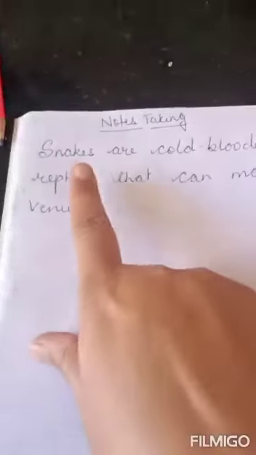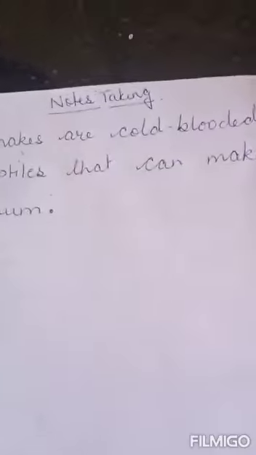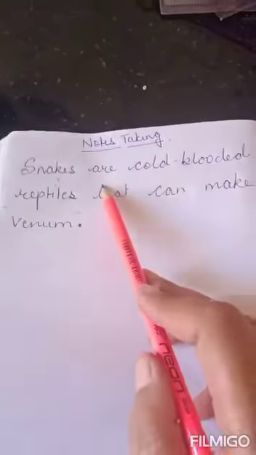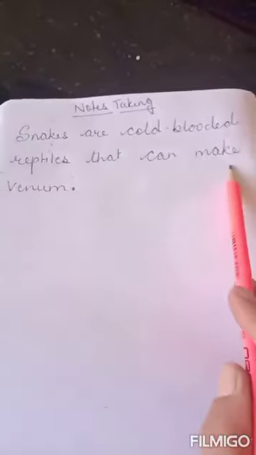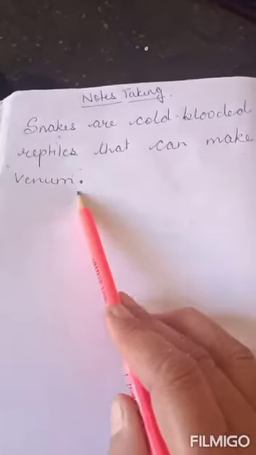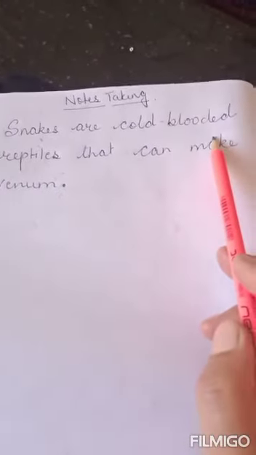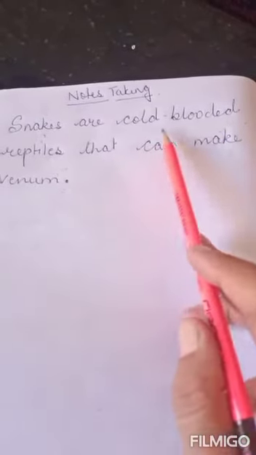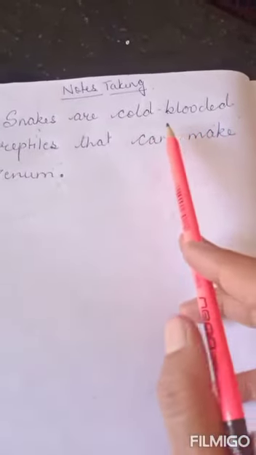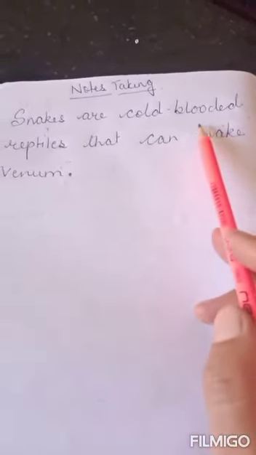Okay, now right in front of you there's a sentence. Can we read it together, please? Yes. Snakes are cold-blooded reptiles that can make venom. Okay, do you know the meaning of cold-blooded? Yes, their body temperature is completely dependent on the weather, on the seasons.